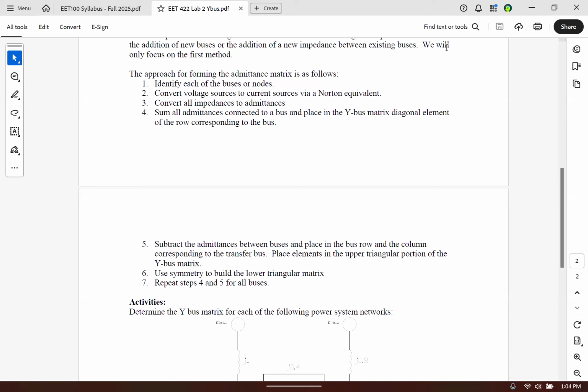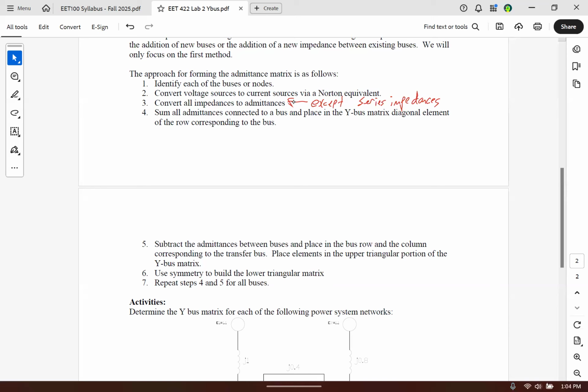And there should be a caveat here, right? I don't complete this step if I have impedances that are in series with each other. So we'll add: except series impedances. What we talked about in our last class is that if we have elements that are in series, we can't invert them and then add them, because that's essentially adding them as if they're in parallel.